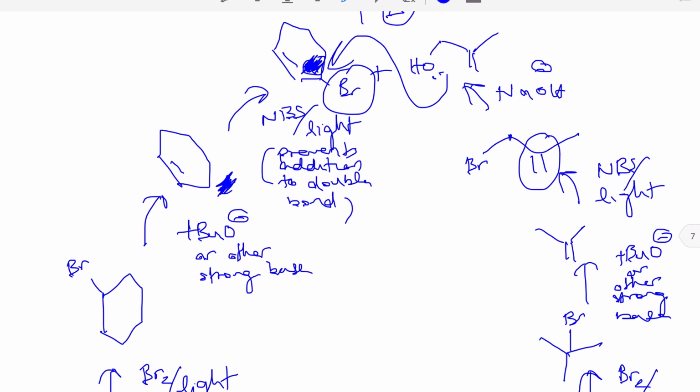So that's why we rely on NBS and light. And when we do that, we ultimately get this alkene here. And still, we are only allowed to have alkanes.